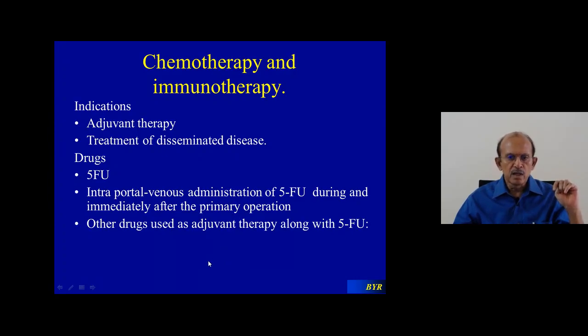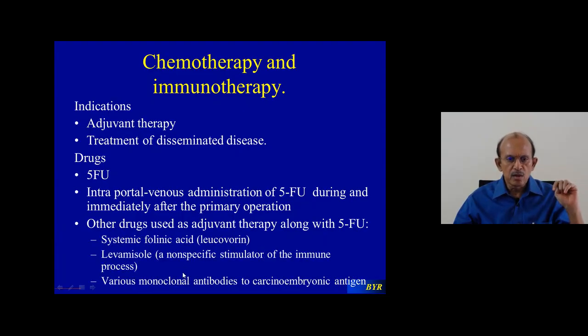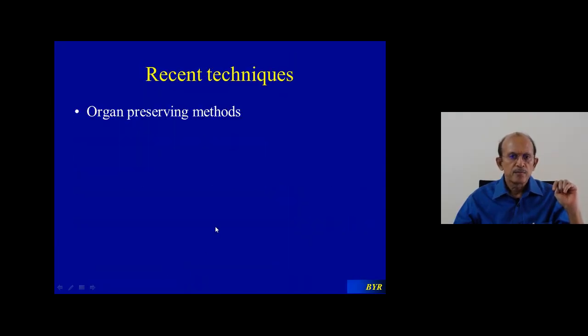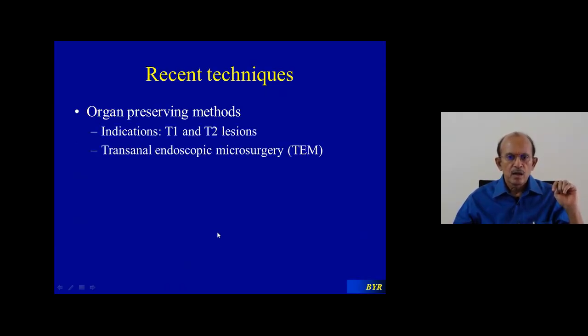Other drugs used as adjuvant therapy along with 5-FU are systemic folinic acid, levamisole, and various other monoclonal antibodies to carcinoembryonic antigen. Of course, we have already discussed transanal endoscopic microsurgery for T1, T2 lesions.